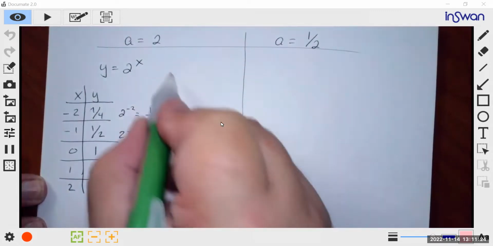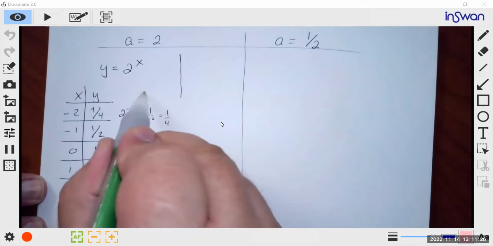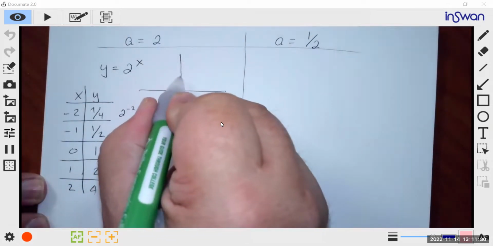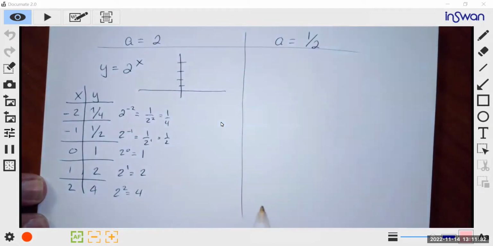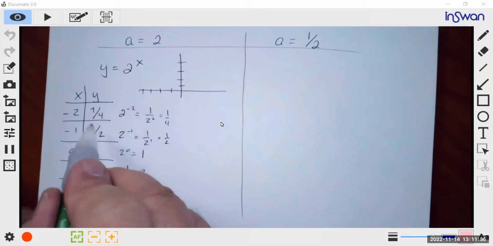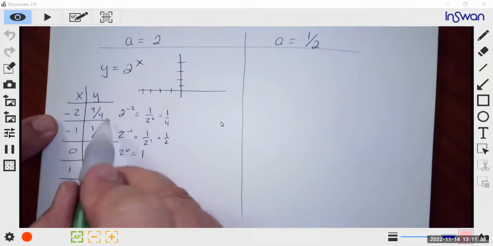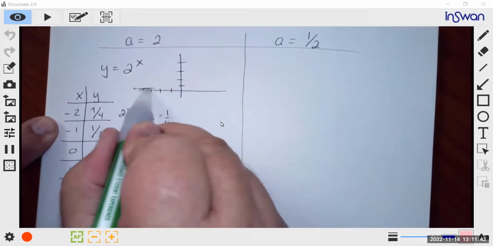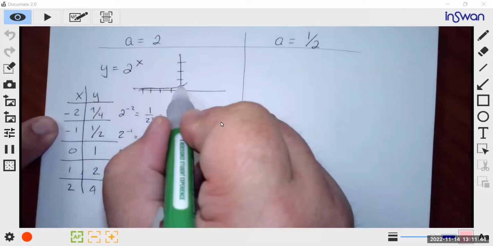So the graph of this one: the bigger the negative number, the smaller the y. So it starts out here. It crosses at 1.